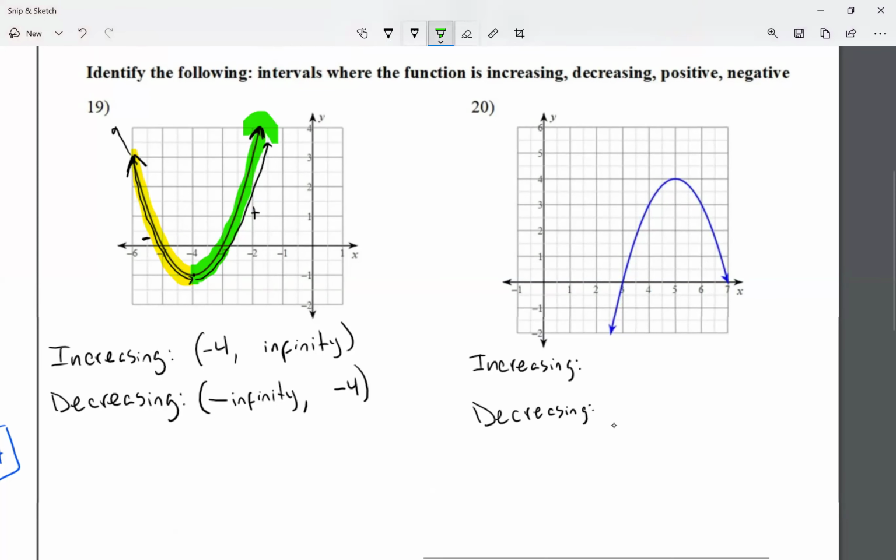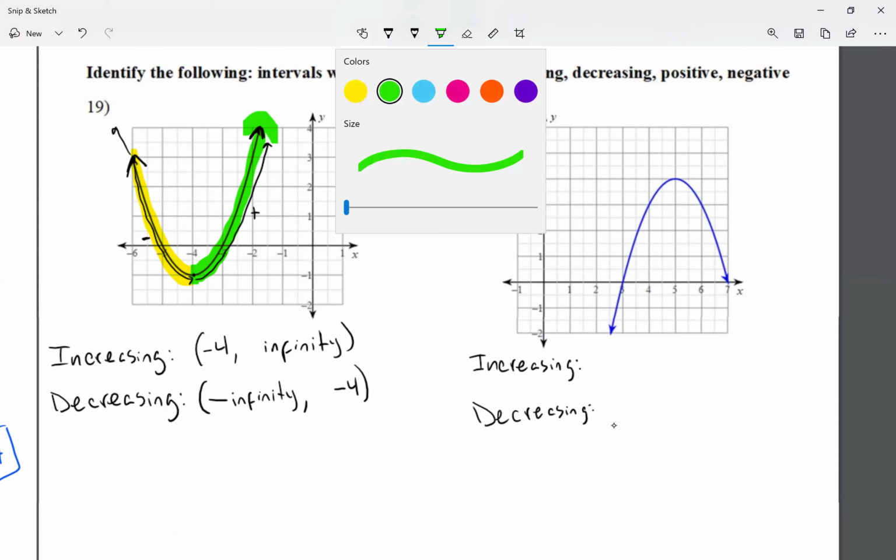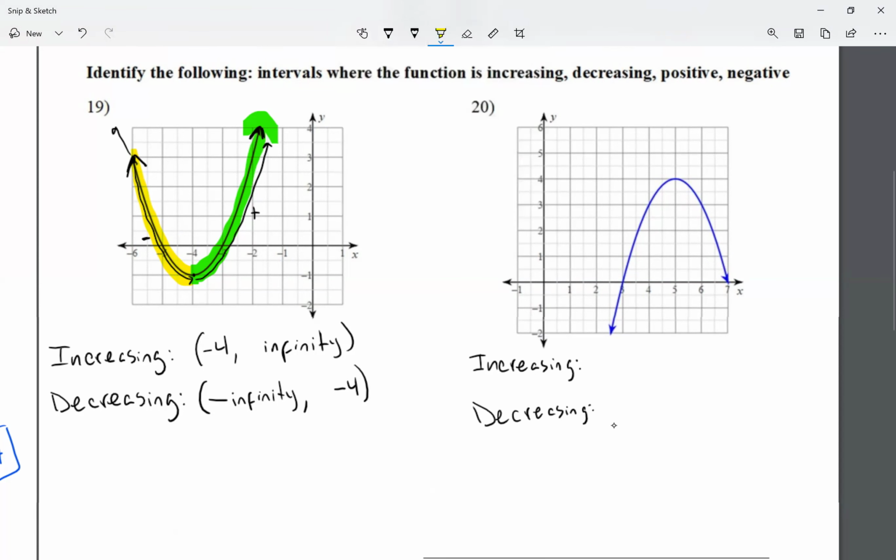Let me travel. Let me highlight in yellow my first part, traveling from left to right. I go here, like I'm traveling my graph. It's going up, it's going up, it's going up, it's going up, and it stops. Okay, so that's increasing.